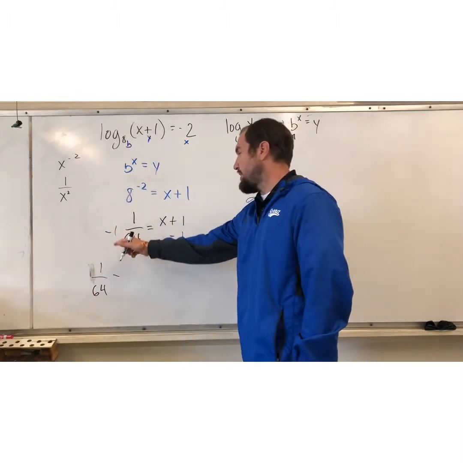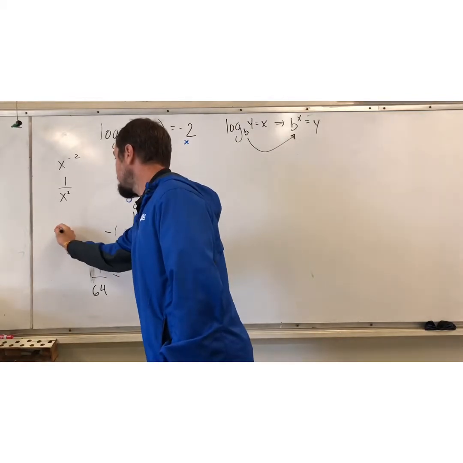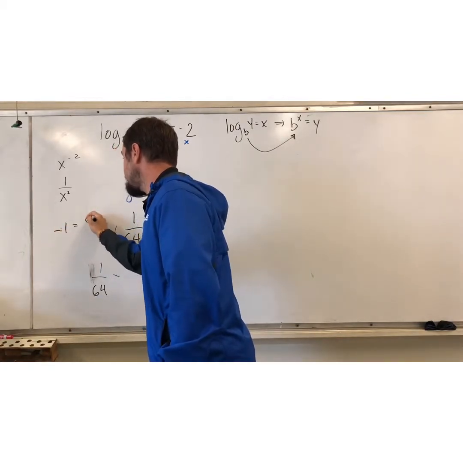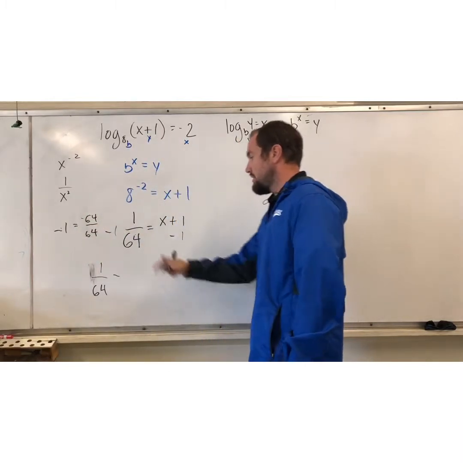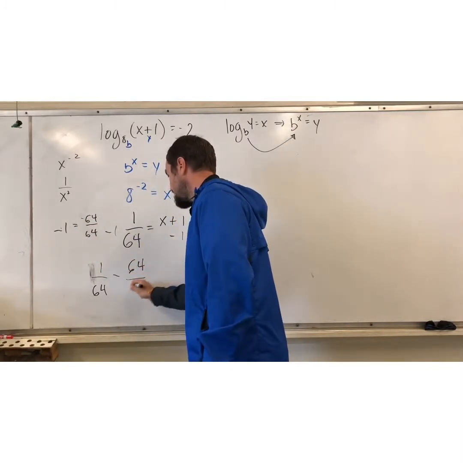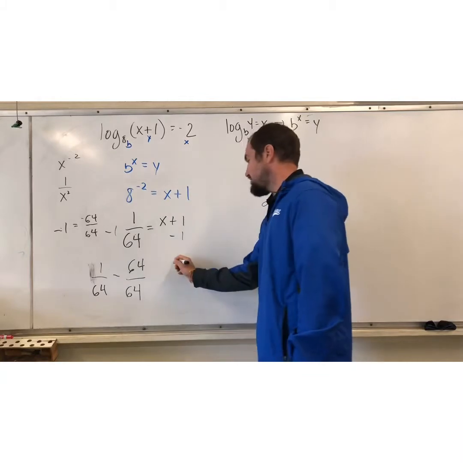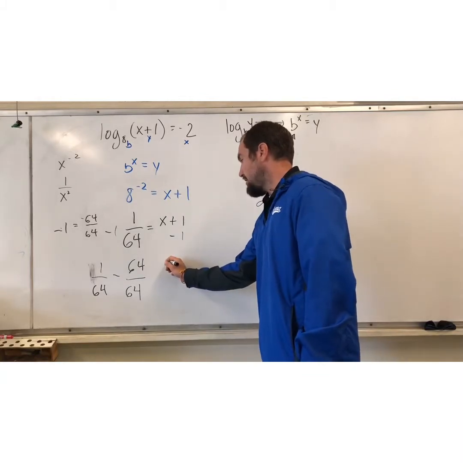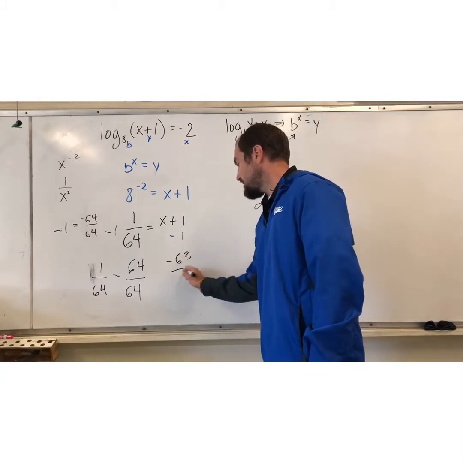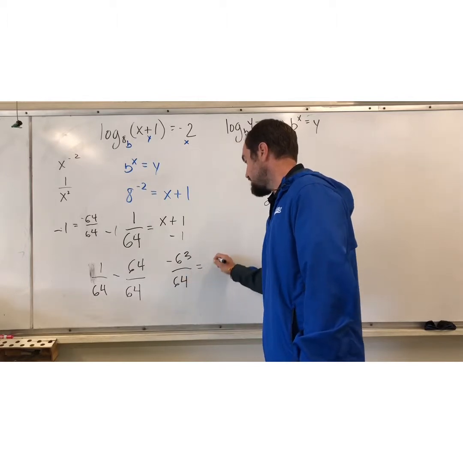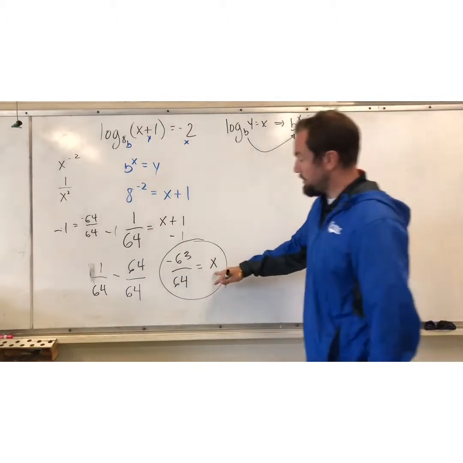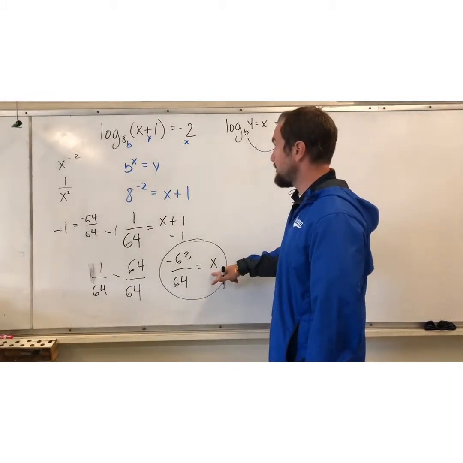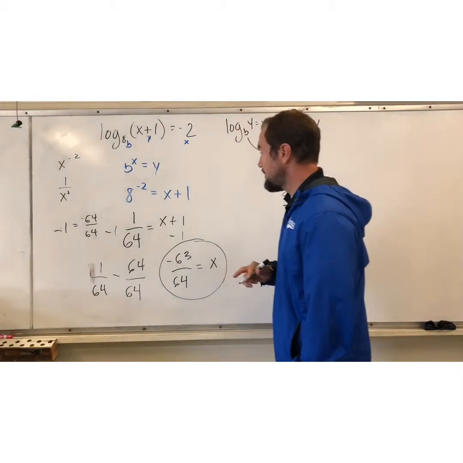I'm going to convert this minus 1 to negative 64 over 64, so I can get a like denominator underneath. And that just simply gives me a negative 63 over 64 is equal to x. And that would be your answer in solving for what x is here.